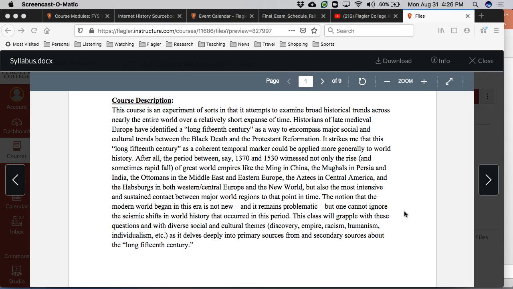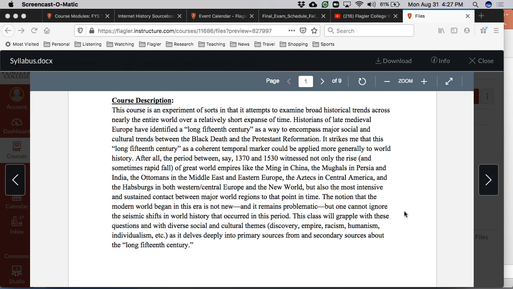The notion that the modern world began in this era is not new, and it remains problematic, but one cannot ignore the systemic shifts in world history that occurred in this period. This class will grapple with these questions and with diverse social and cultural themes: discovery, empire, racism, humanism, individualism, as it delves deeply into primary sources from and secondary sources about the long 15th century. Okay, thank you. I know there was a lot.